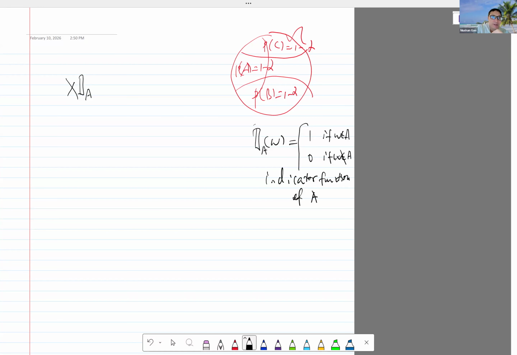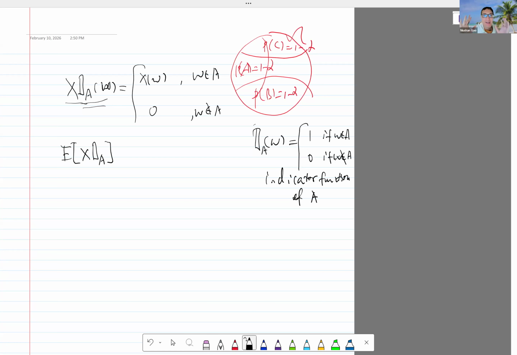So what is X times this one? At omega, if omega is inside A, then the indicator of A is 1, times X is just X of omega, right? If omega is not inside A, then the indicator of A of omega is 0, so X times 0 is just 0. So if we consider this, on A I take the expectation of X, and outside A I put it to 0.